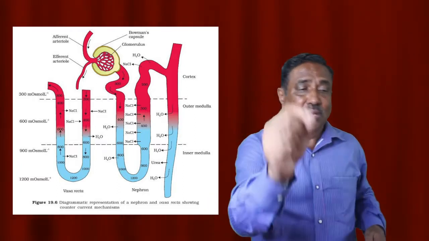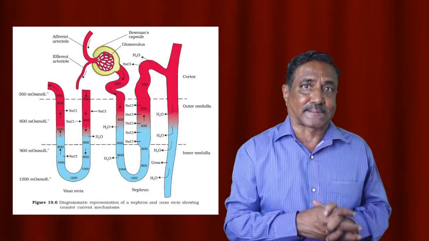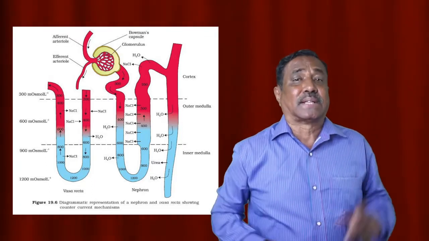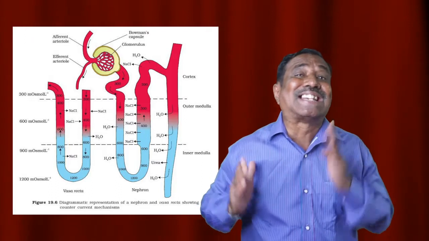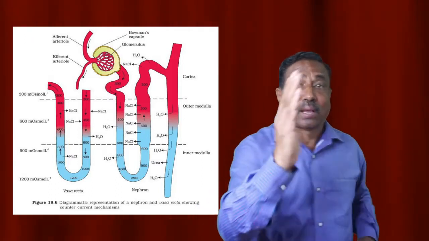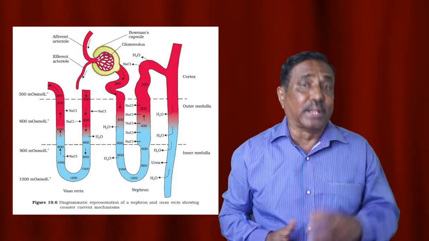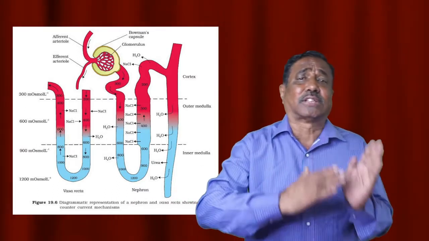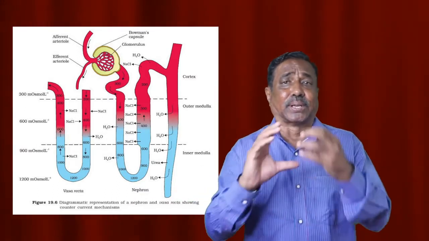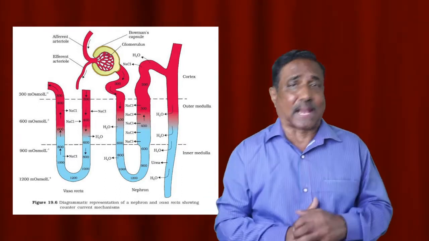That is also very important, so far not asked. So 125 ml of filtrate is formed per minute, or 180 liters per day, and it enters into the capsular space of Bowman's capsule.